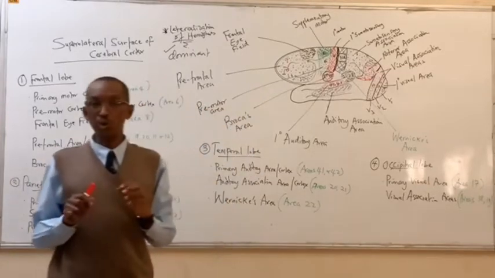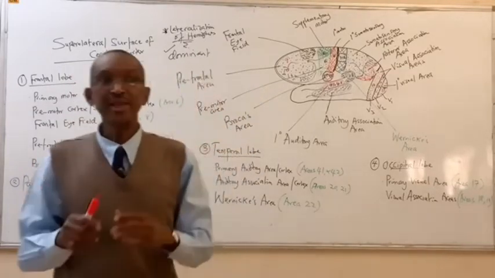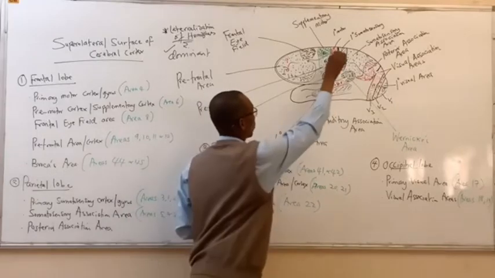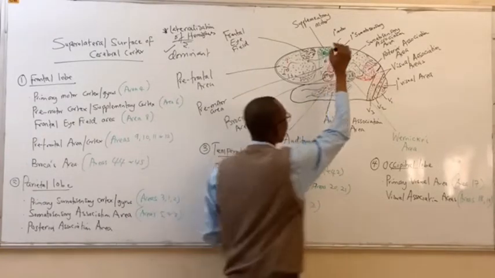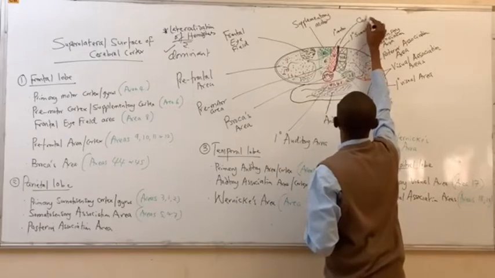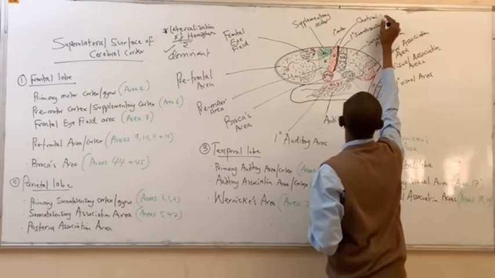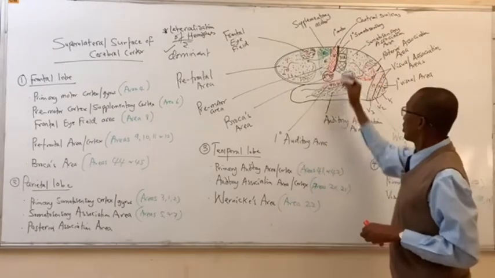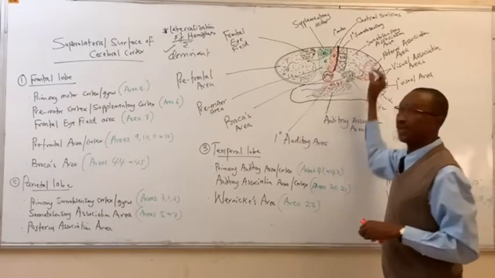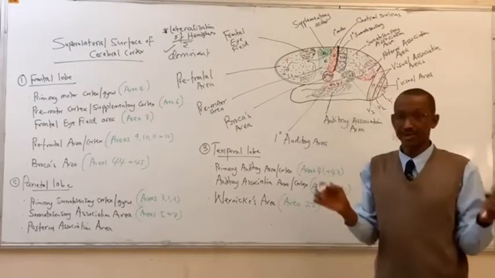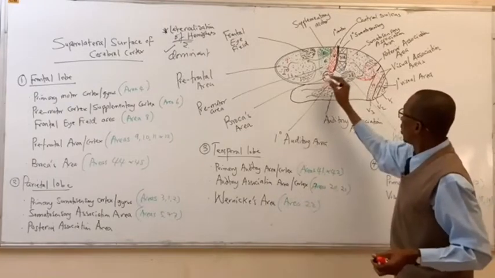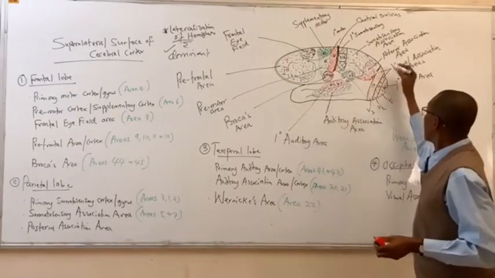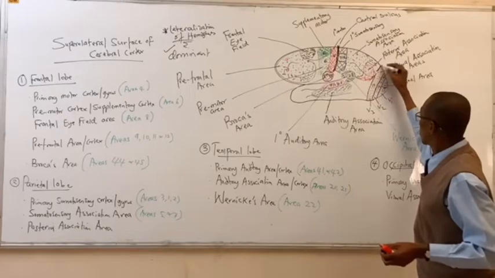If you can remember, we discussed the gyri and the sulci in either of these surfaces. Similarly, here we discuss what we call the central sulcus, which is this one. We said it is located in the center of the cerebral hemisphere. I told you before that it is the one that demarcates the frontal lobe from the parietal lobe. I'm sure you can recall what I've said. Posterior to this central sulcus, we have our parietal lobe, and there is also one sulcus that we discuss all the time.